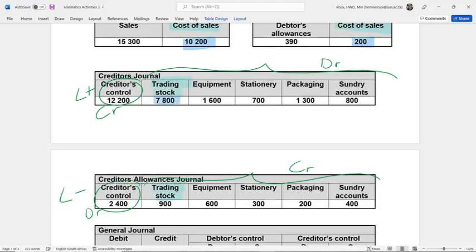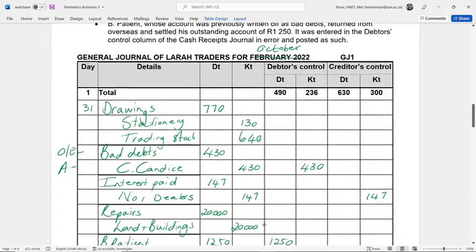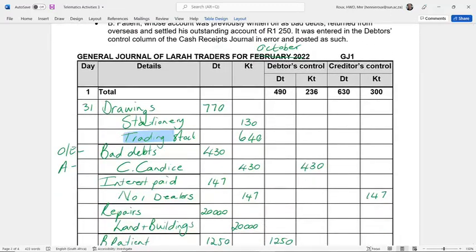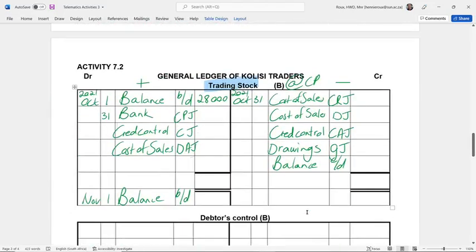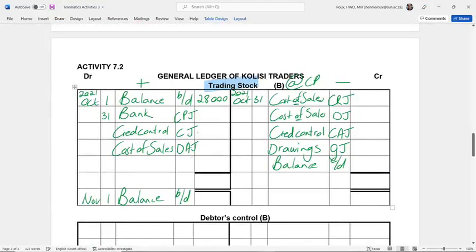CAJ, we have trading stock because we are busy posting to the trading stock. And in the general journal, we had the owner that took trading stock for 640. So we're looking for trading stock. If we cannot find trading stock, then we look for the next best, and this will be the contra account, cost of sales in those cases.